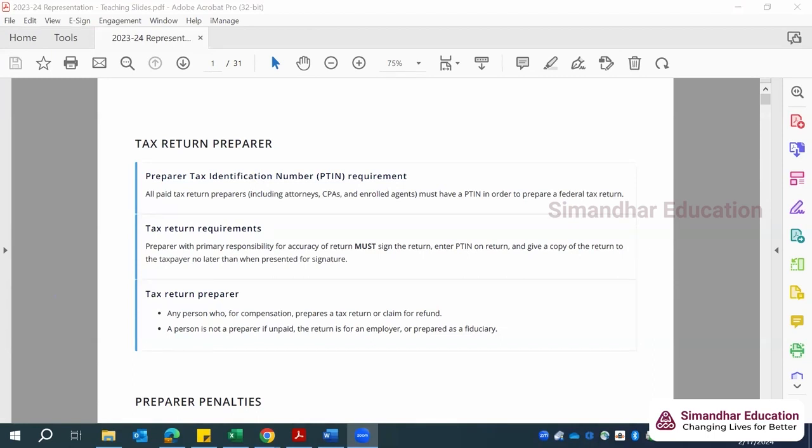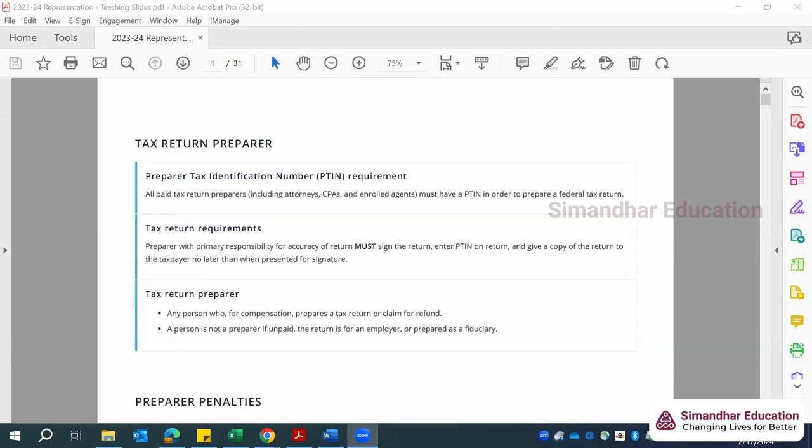Okay. So let's say you have filed the tax return on 17th Feb 2024, you have to make sure that you keep the returns at least 3 years from the date you have filed the tax return.